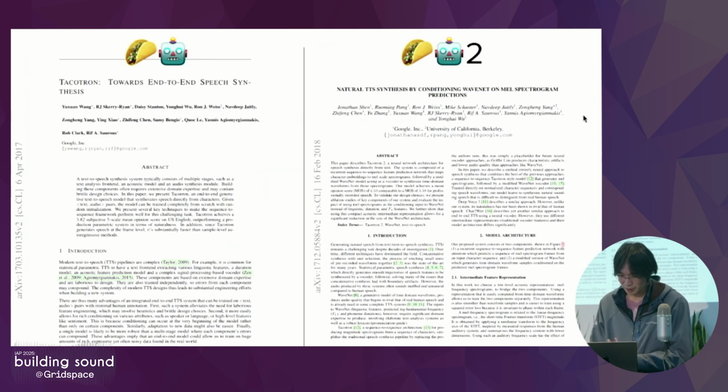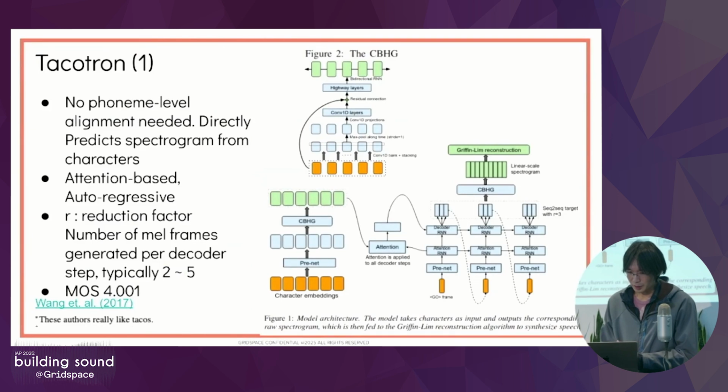So let's jump in. The Tacotron 1 basically directly predicts the linear spectrogram from the characters. The innovation there is that it's now using attention-based modeling, and it's also autoregressive.